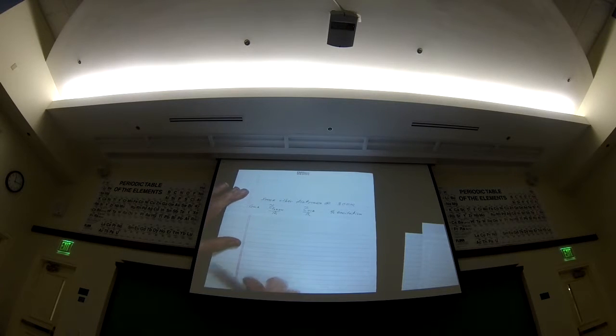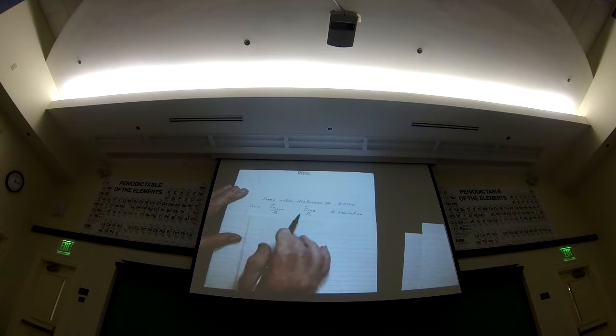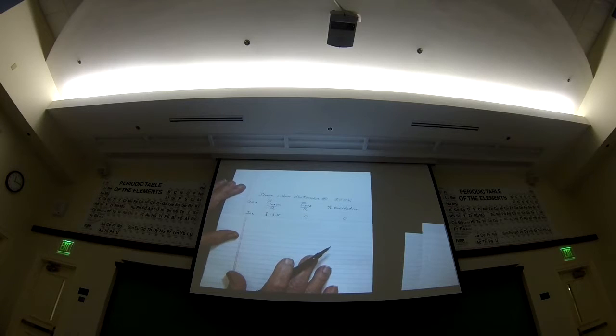Well, let's look at some other diatomics at 300 Kelvin. And we'll look at the molar heat capacity at constant pressure. This is the vibrational contribution, which we find just like we did for nitrogen.